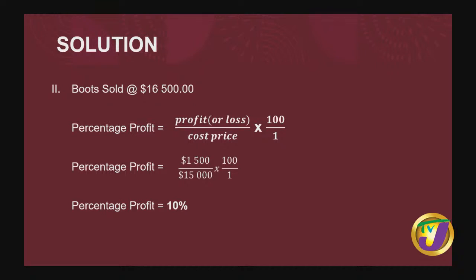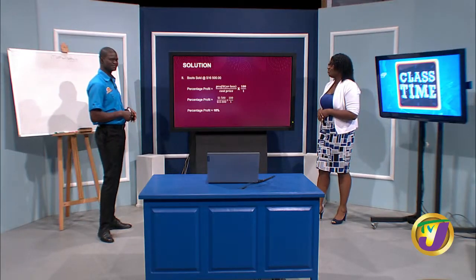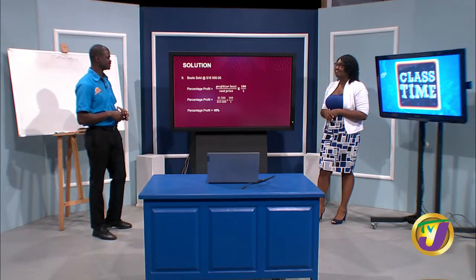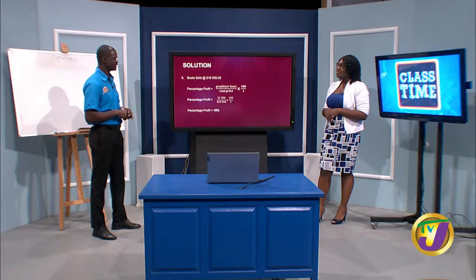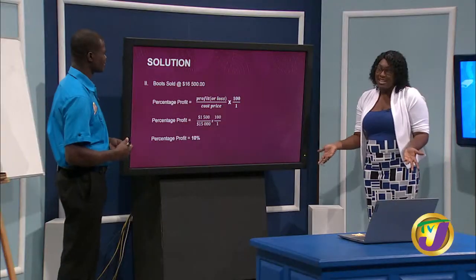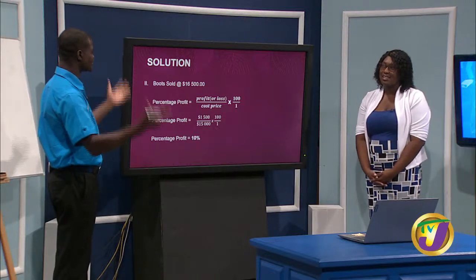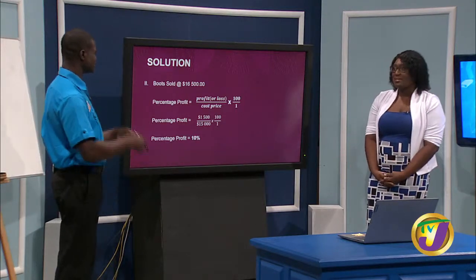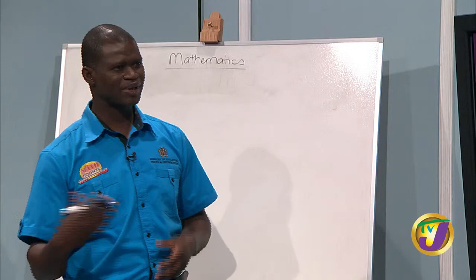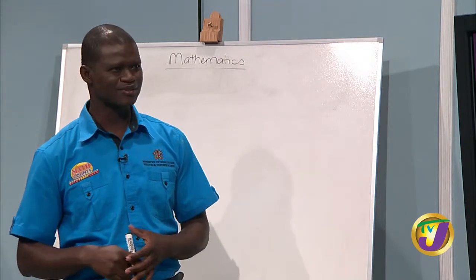So for every $100, we're making $10. Do you think this is really profitable? I don't know, $10 on each $100. But think about it, suppose I'm selling 100 shoes and I make $10 on each one. Well, it all depends. It's not bad. Because of your overhead costs, again. Oh, that is true, I have to pay water, the different workers and so forth.